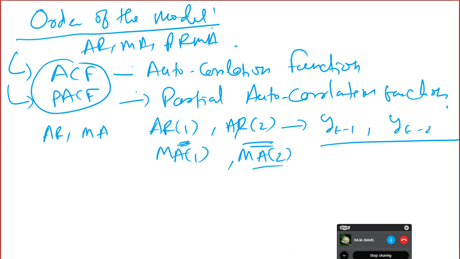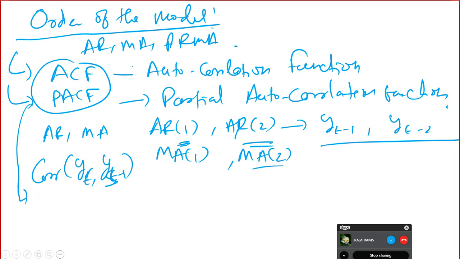So what you do is plot the ACF and PACF. ACF and PACF are some sort of correlation function. ACF is nothing but the autocorrelation function, that means the correlation of Yt with Yt minus s, the current value with the past values. Partial autocorrelation function is slightly different.